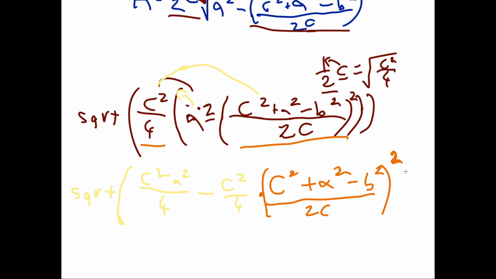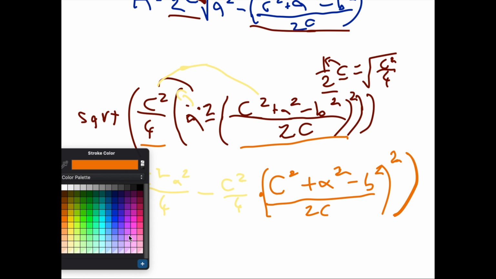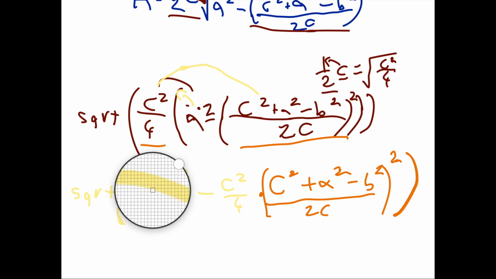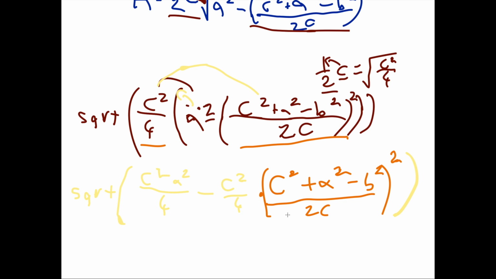And then here's the square root. Okay, and I can just change that to this color right there. There we go. Nice that I'm color coding it.